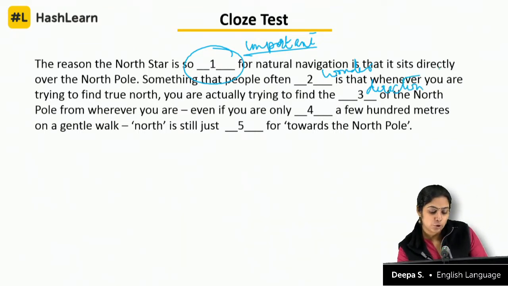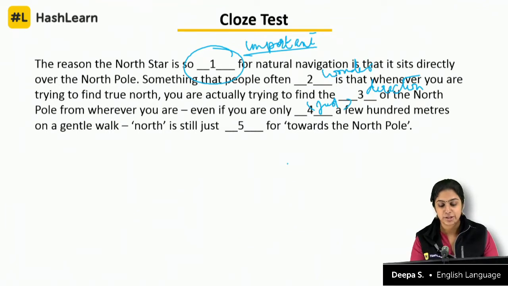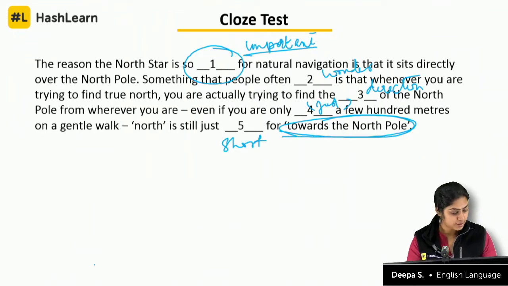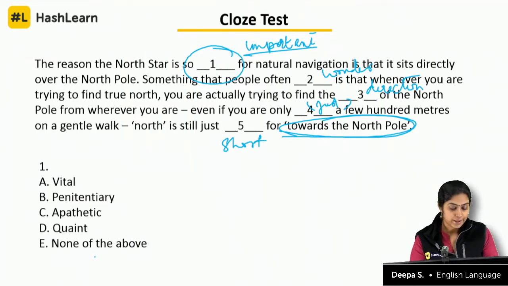Even if you are only something, that means just, correct, and then north is still just short, correct, short for towards the North Pole. Now look at these options. For option one, you have vital, which means important.